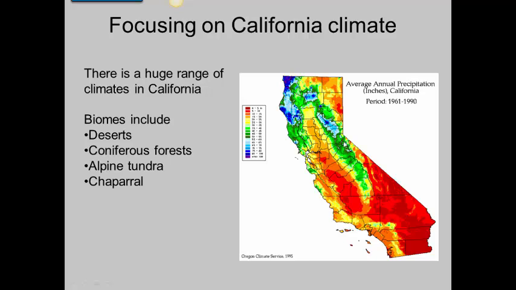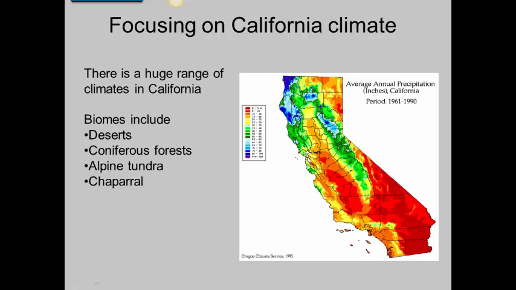Here we see the Sierra Nevada and then the Klamath Mountains, also the Coast Ranges. And then we also have heavy influence from the high pressure zone around 30 degrees north latitude, which is especially influential to the climate in the southern part of our state.